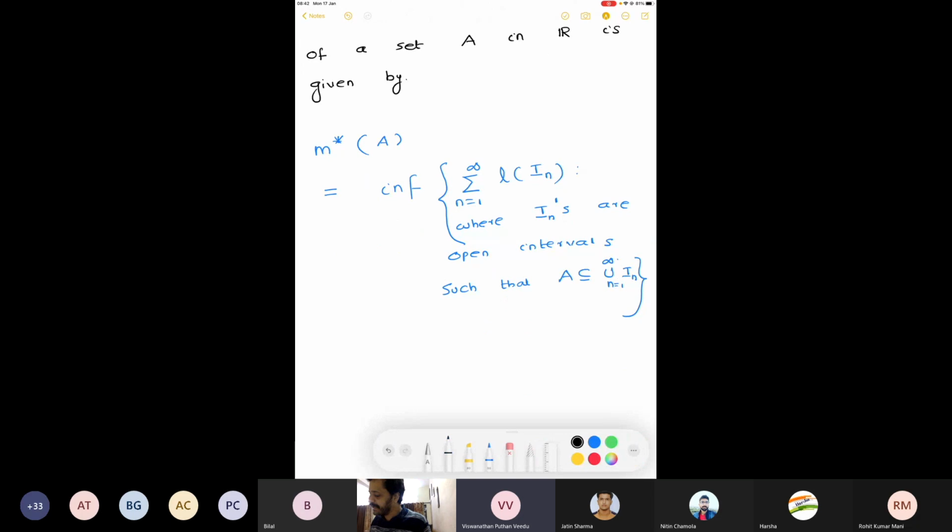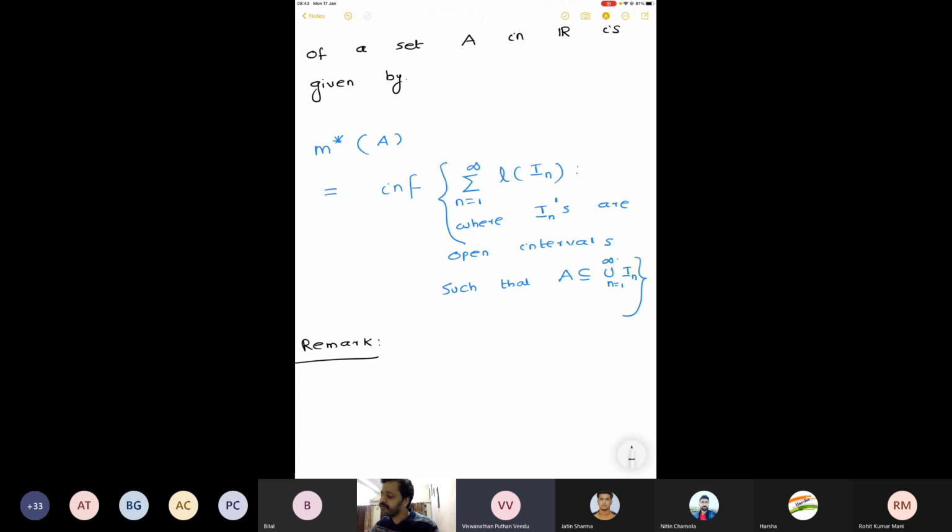Now let me give a few comments here. Why should I consider only a countable cover? Why not finite? That is just for notational convenience. Finite is obviously included there.